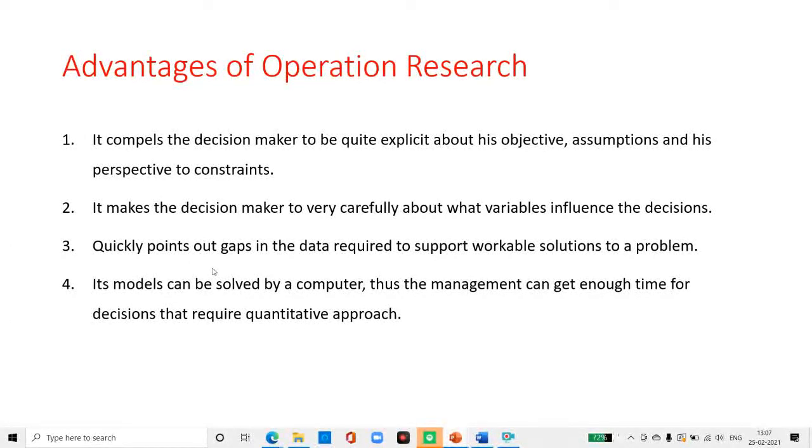It quickly points out the gaps in the data required to support workable solutions to a problem. And last, the models can be solved by a computer, so management can get enough time for decisions that require a quantitative approach.